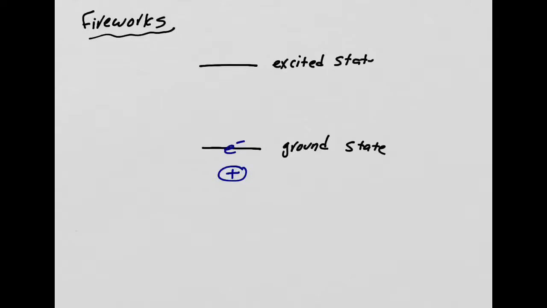What happens is that when you apply energy, and when you're doing fireworks, you need some sort of energy to make it go, right? You need a spark. So when you apply energy, the electron gets the energy and jumps into the excited state. Now, is it going to stay there?